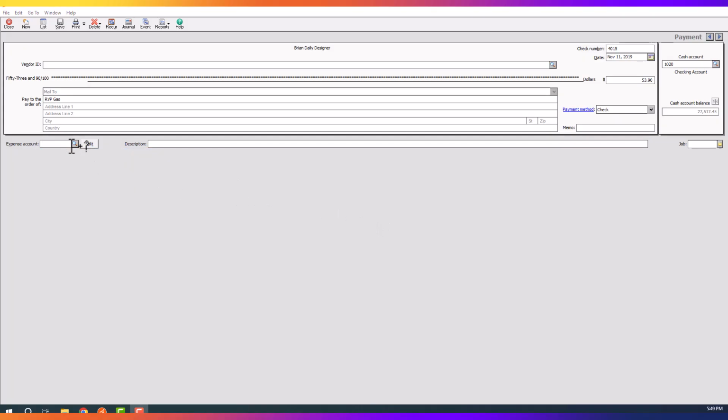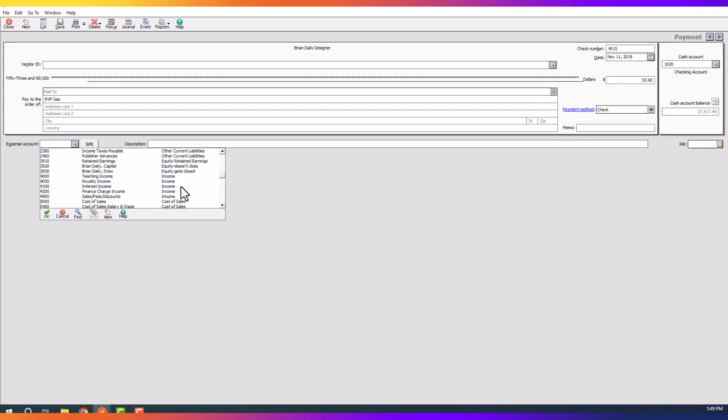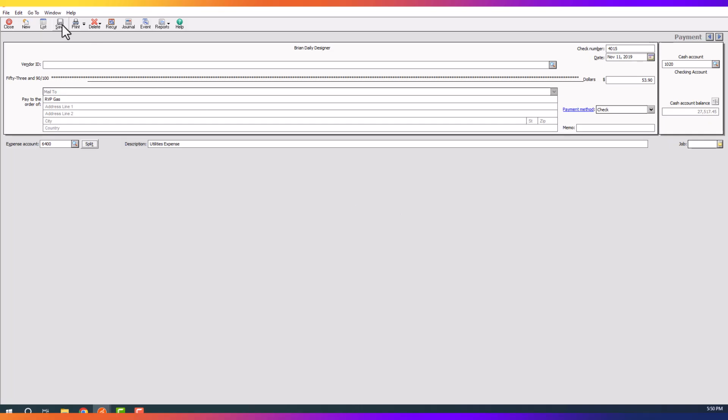And when I was trying to think of the appropriate account, I wasn't sure if they had a specific natural gas or something like that expense. So I referred back to the prior chapter to see what they had done for RVP gas then, and I saw they charged it to utility expense. So I selected that, and now I'm going to save it. Our next check is check number 4016.